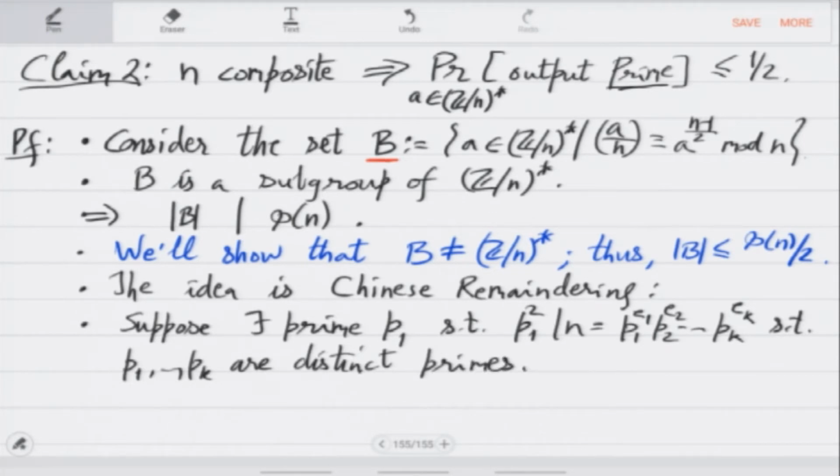So suppose a prime square divides n, we'll rule this out. We'll show that this can't happen.